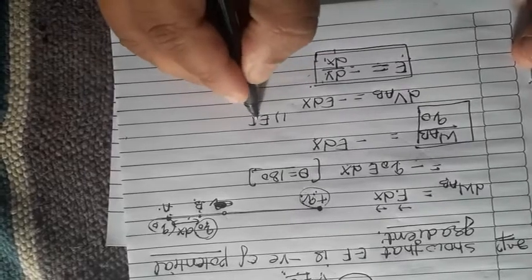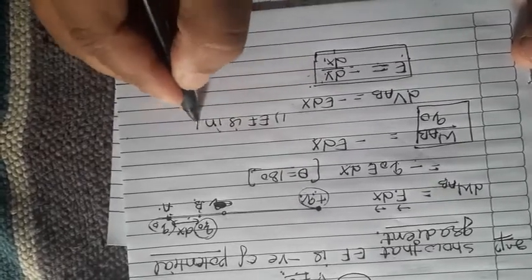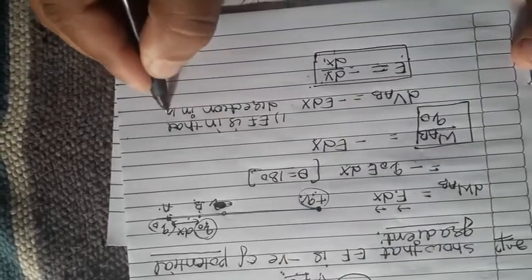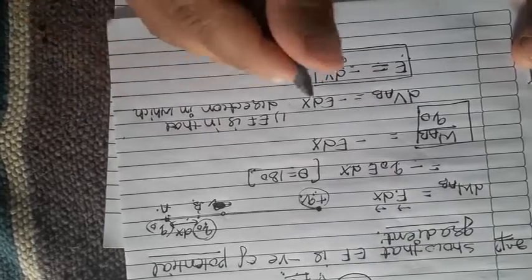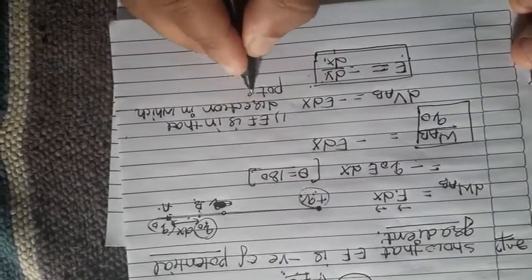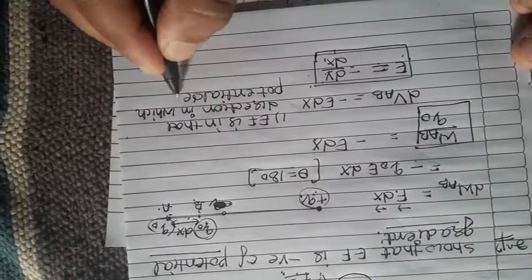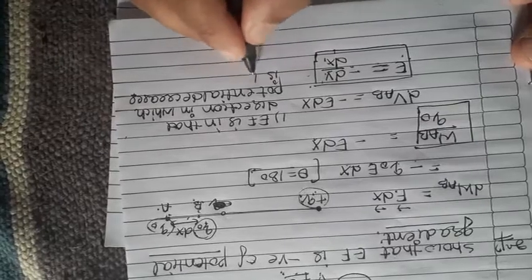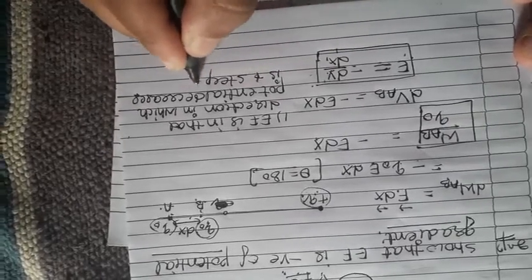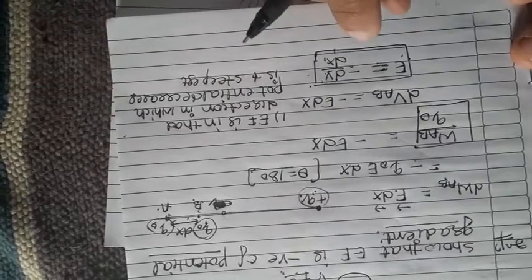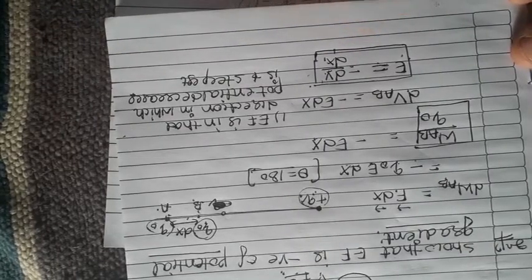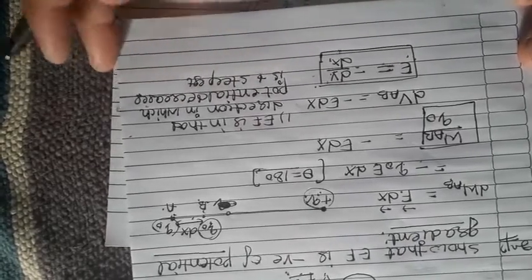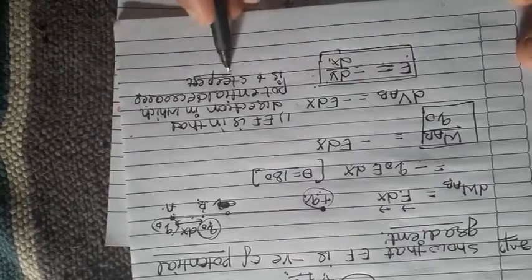Number one, electric field is in that direction in which potential decreases steepest. Electric field is in that direction in which the potential decreases steepest.